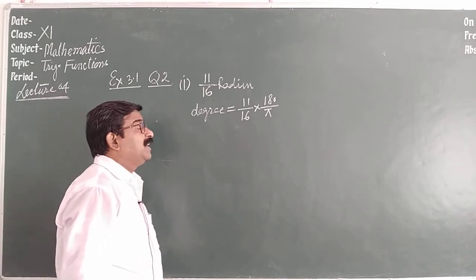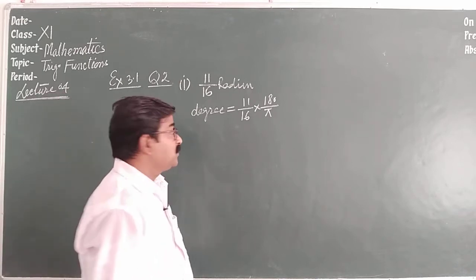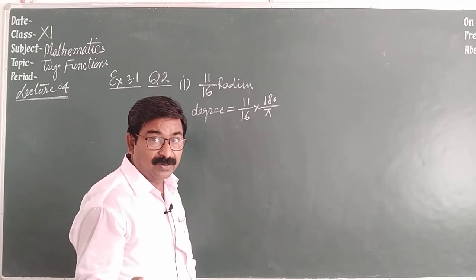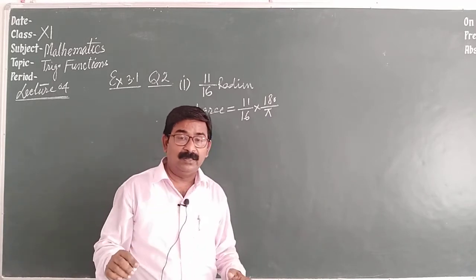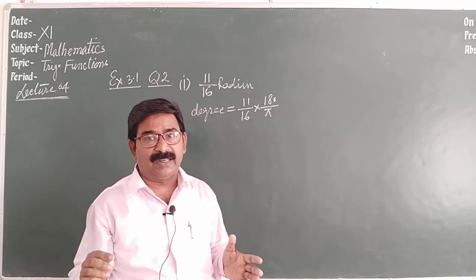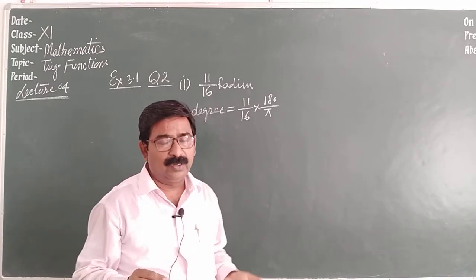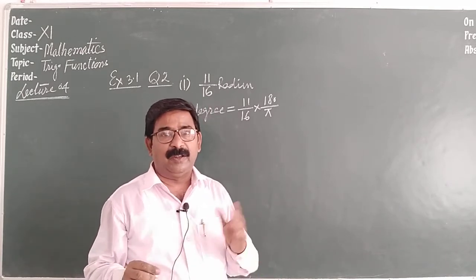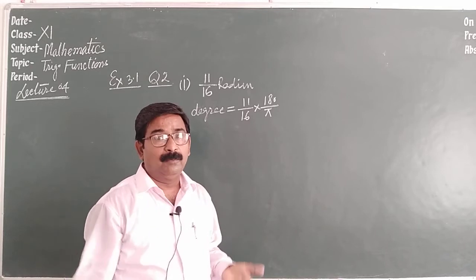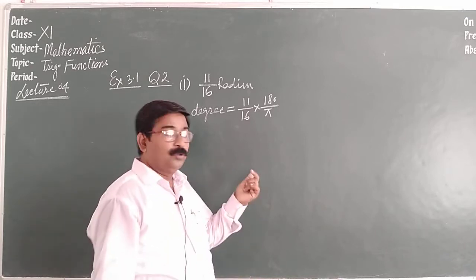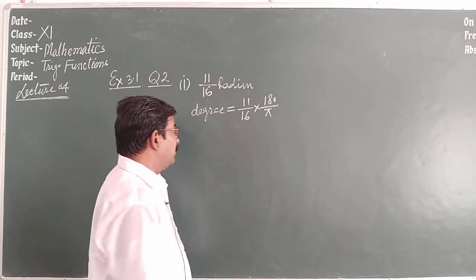And we write the value of pi as 22 upon 7. It is given in the question. If it is not given in the question, you may keep this as 3.14 if you want, or you can write 355 upon 113 as you wish. But when you are given the value, you have to put the same value which is given.